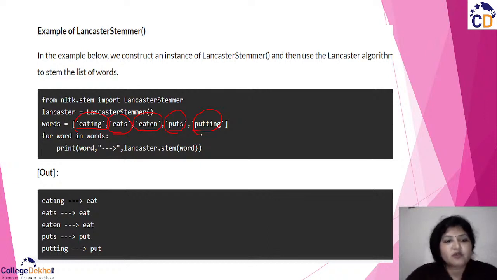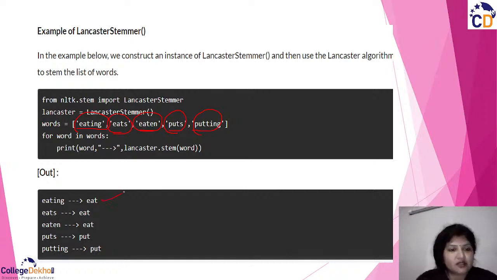It might be possible that in this Lancaster stemmer, most of the words get a base form in a correct output, right? The base form itself represents all the words in the output string as a meaningful base form.